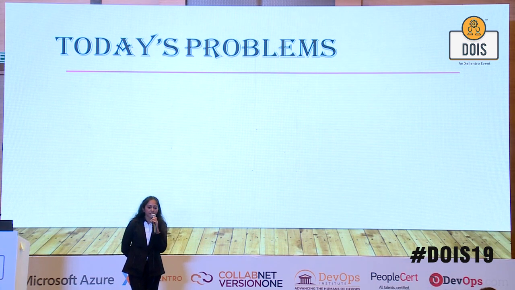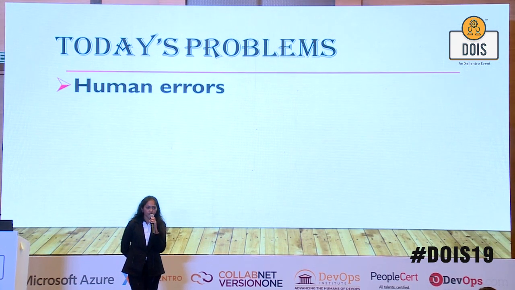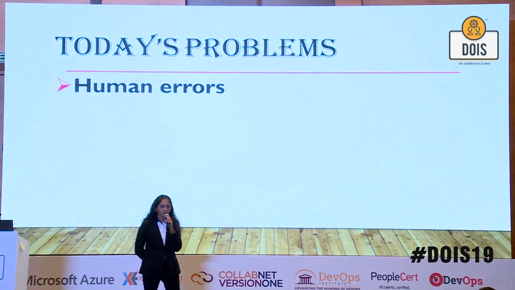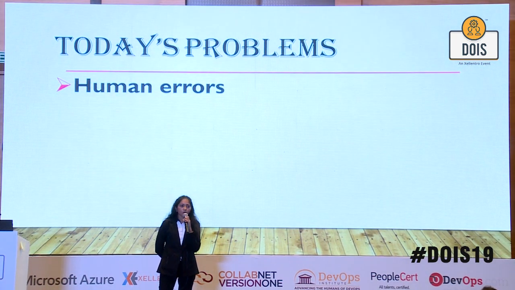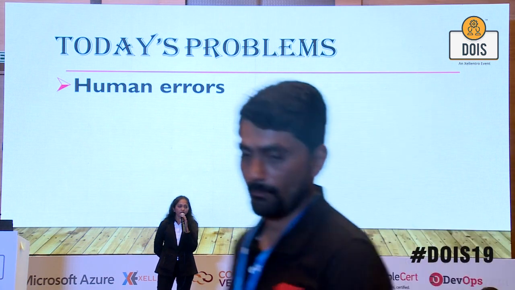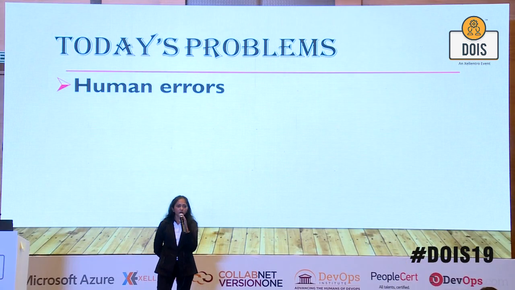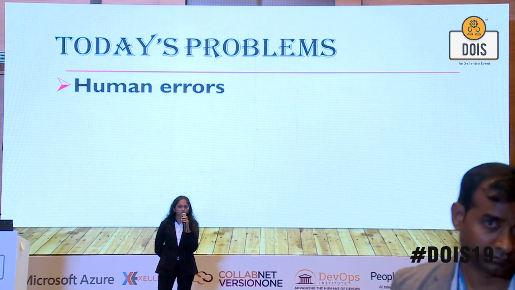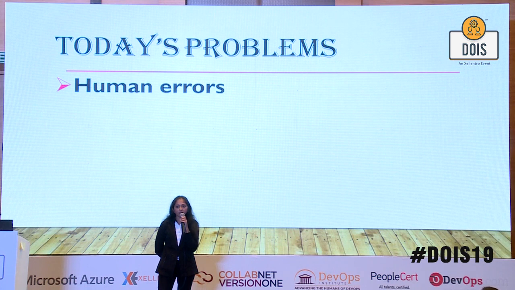The challenges we are facing today in DevOps are primarily, I would say, human error. Whenever a manual task is involved, such as development, testing, or promoting code from one environment to another, I'm sure we will get a lot of issues.